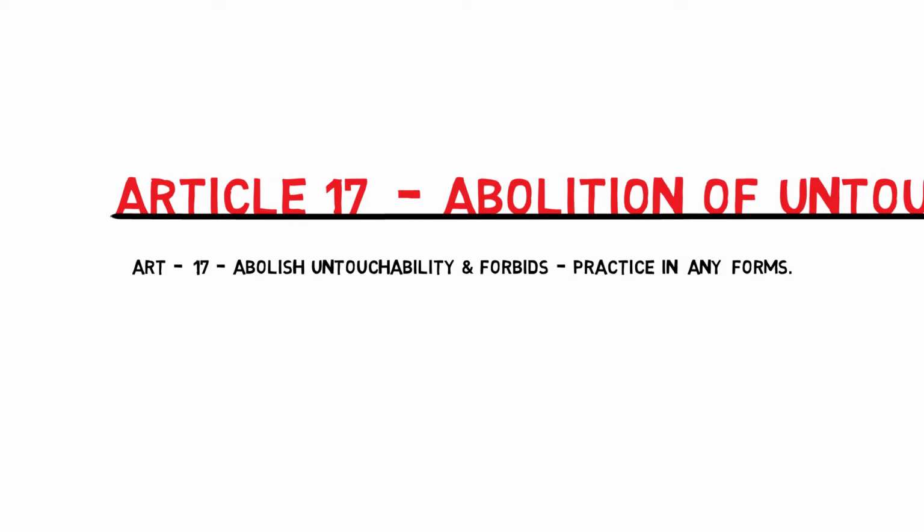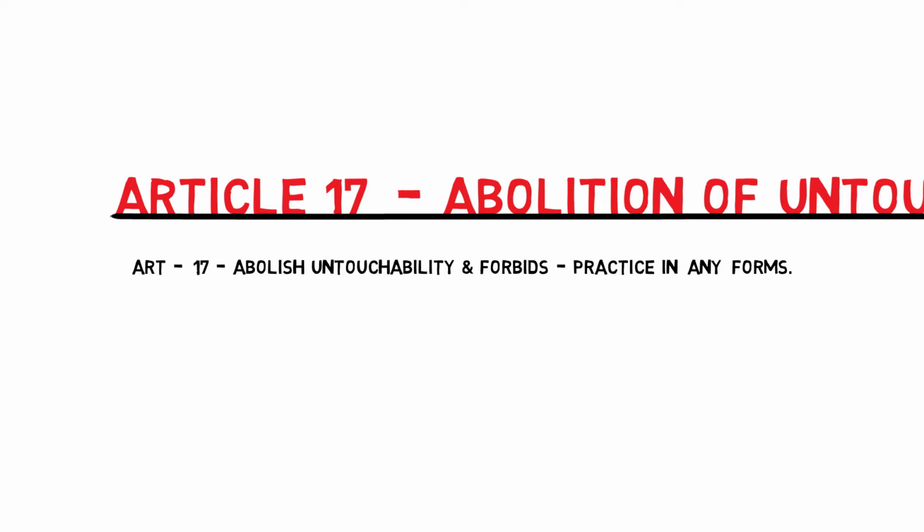This provision is an effort to uplift the social status of millions of Indians who had been looked down upon and kept at a distance because of either their caste or the nature of their profession.